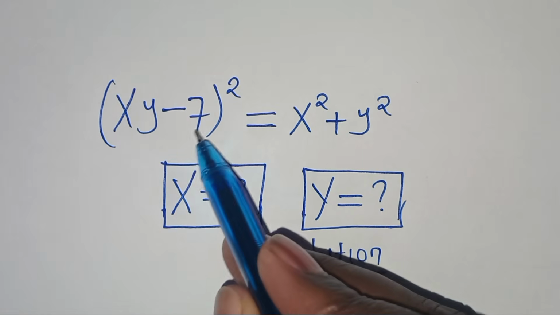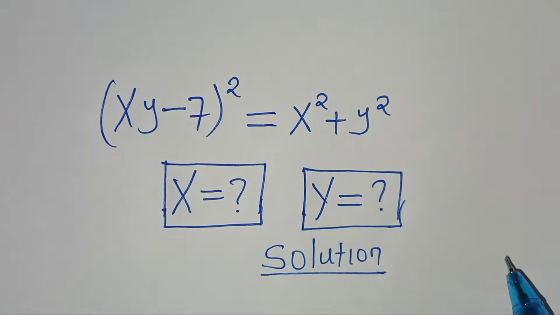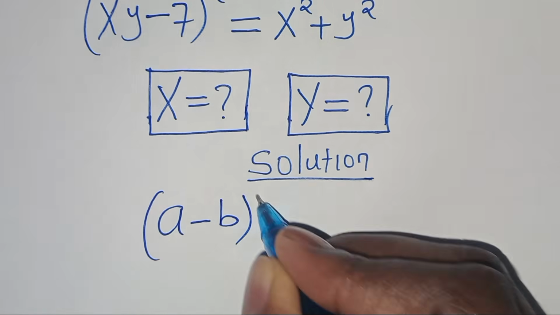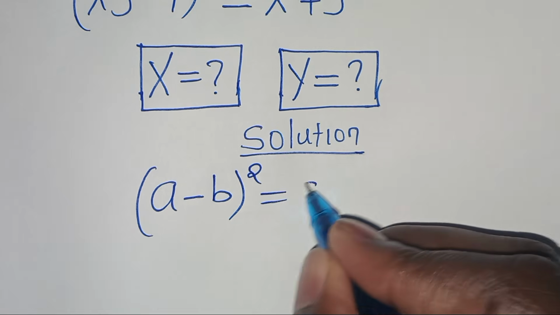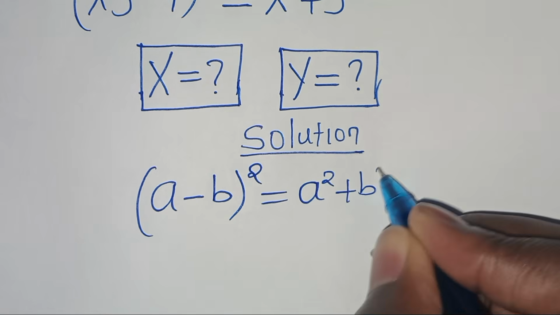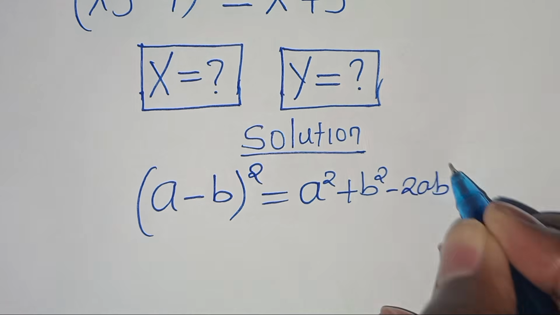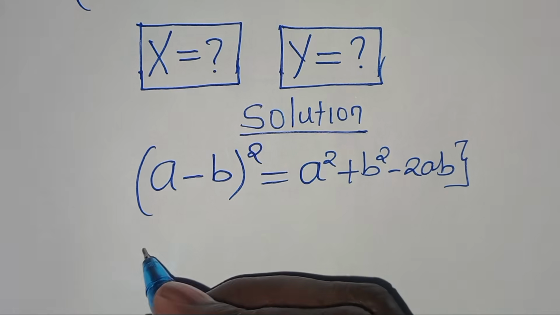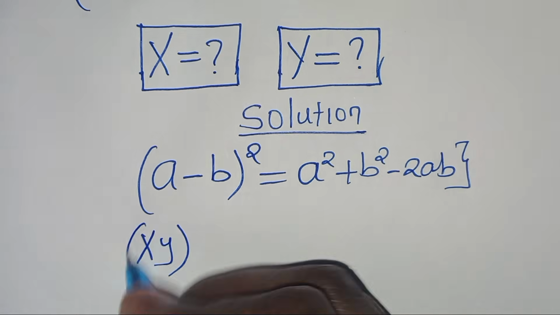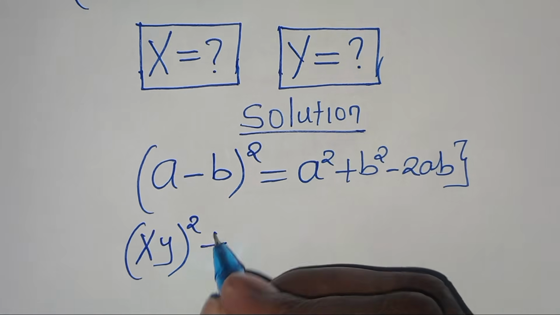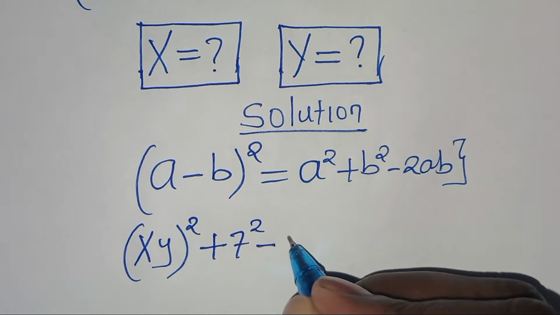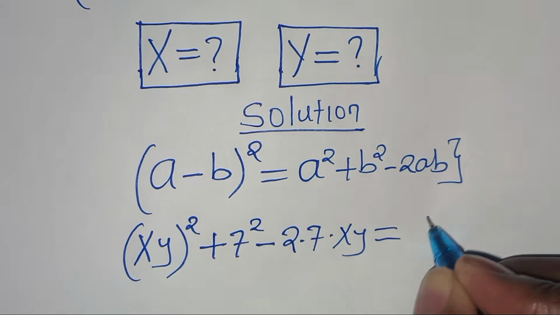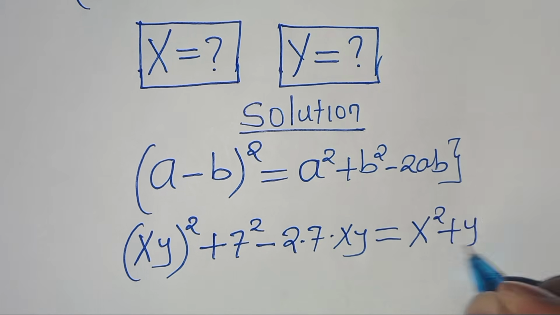So (xy - 7)^2 is in the form of (a - b)^2, which we can express as a^2 + b^2 - 2ab. Applying this algebraic identity, we have (xy)^2 + 7^2 - 2 times 7 times xy, which is equal to x^2 + y^2.